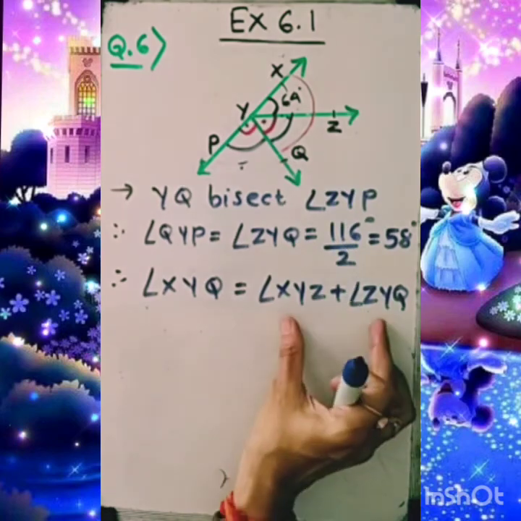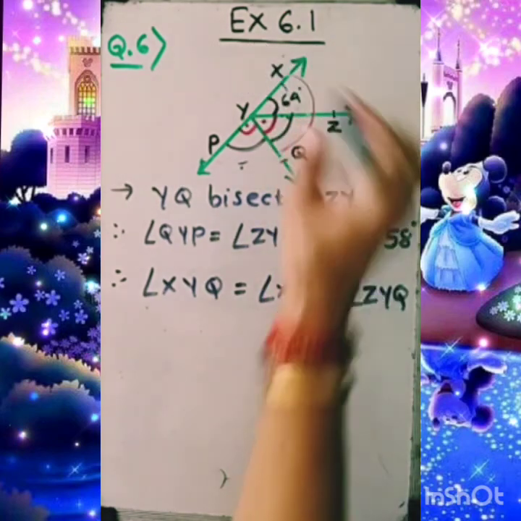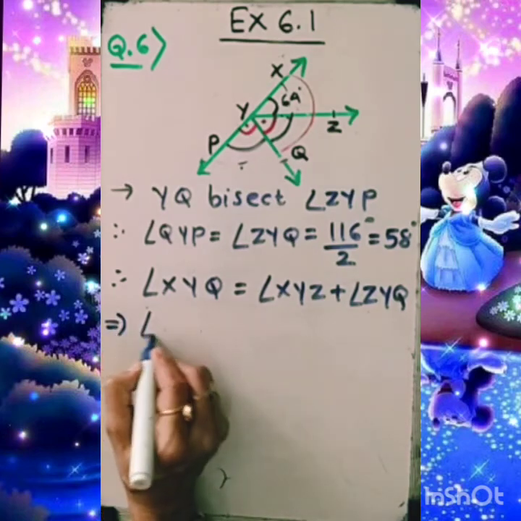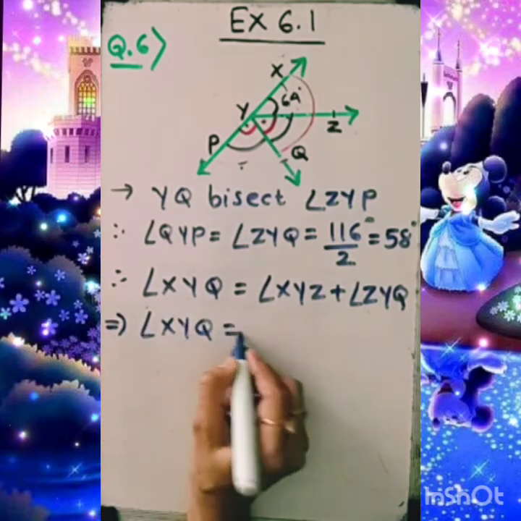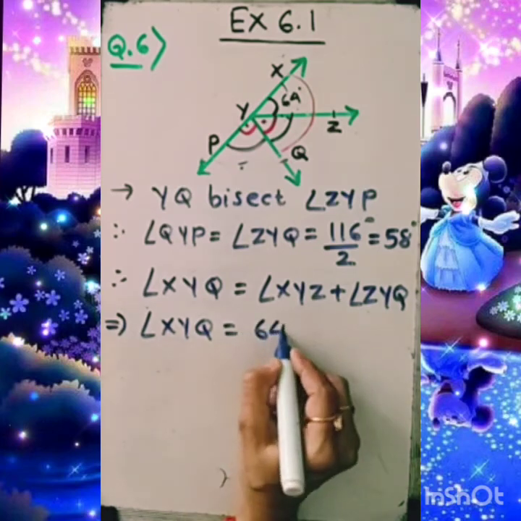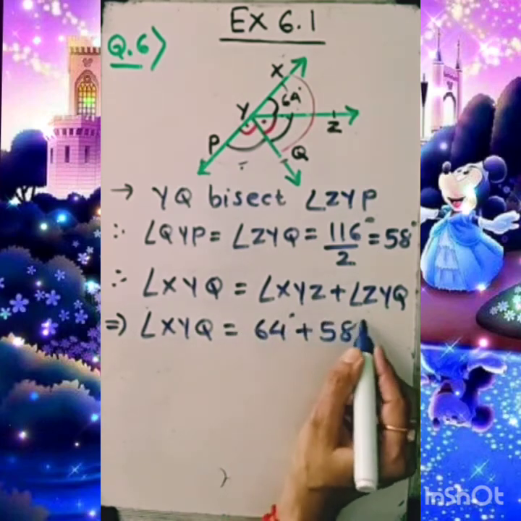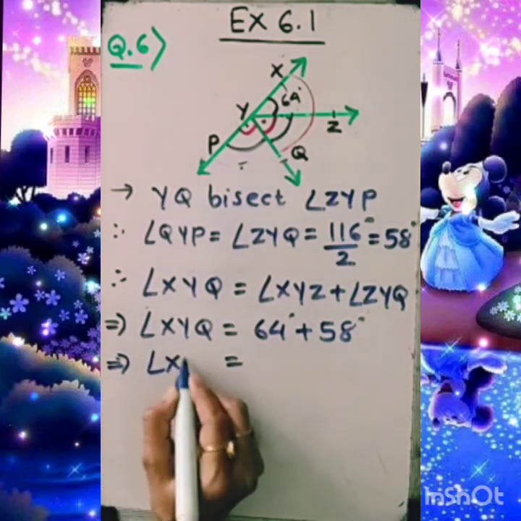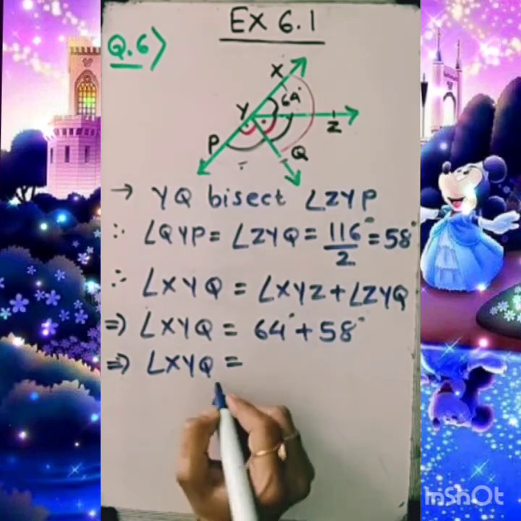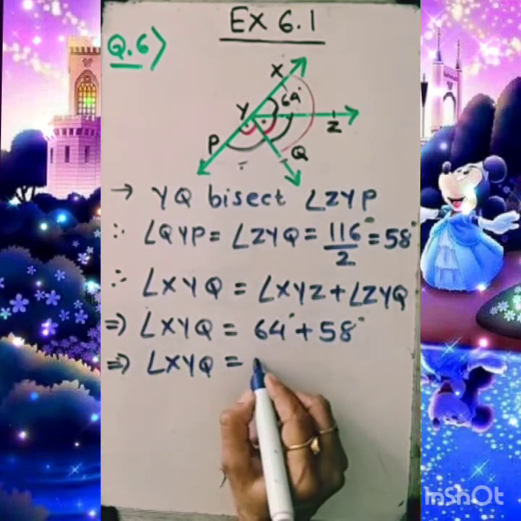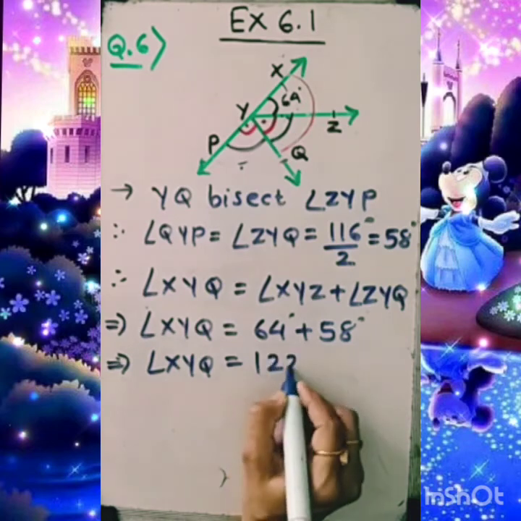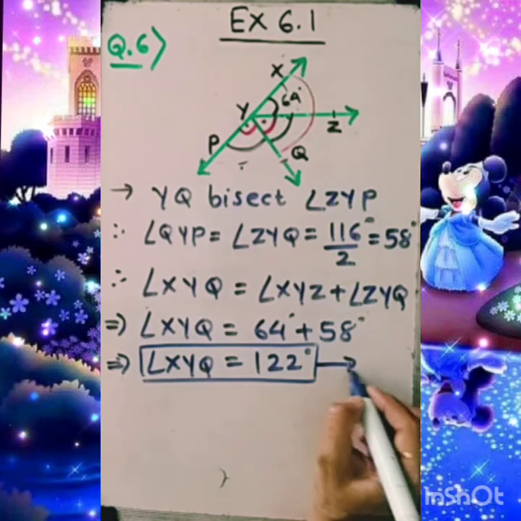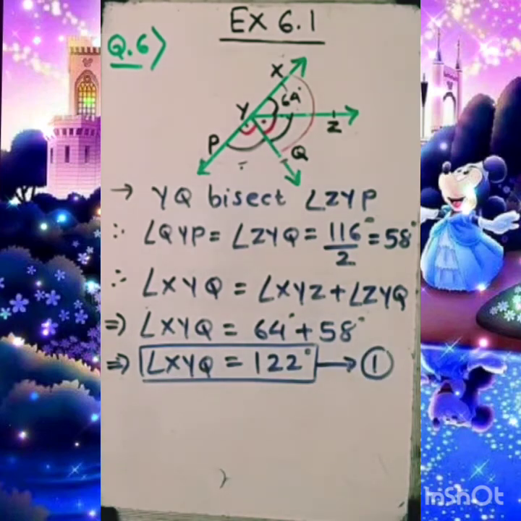Now in the next step we mention angle XYQ equals 64, which is already given, plus 58 degrees which we found. So the sum of this comes to 122 degrees. Let me call this result number 1 according to the requirement of the question.